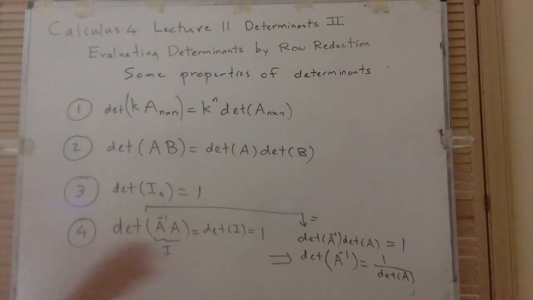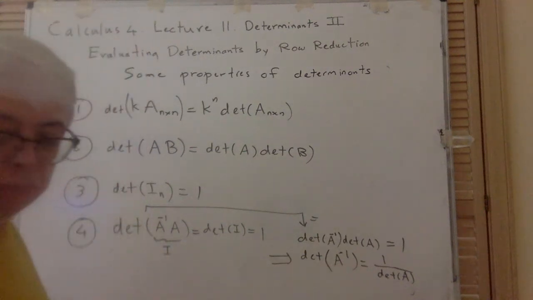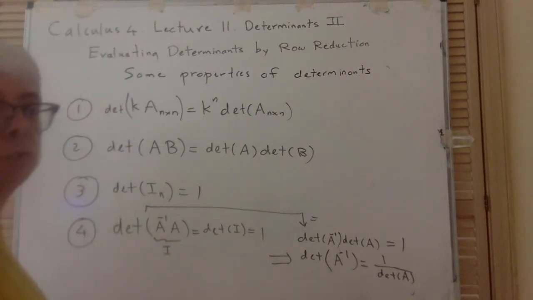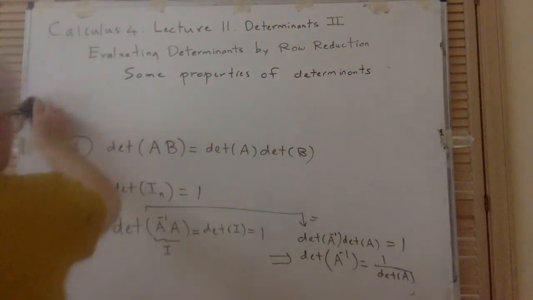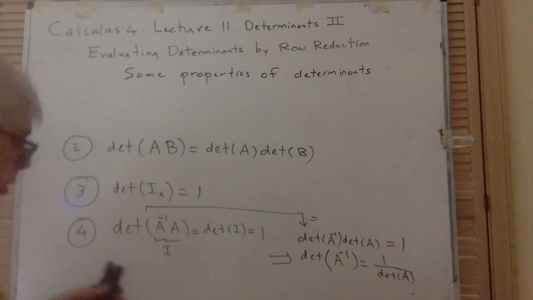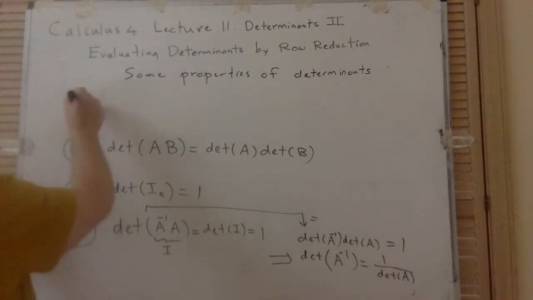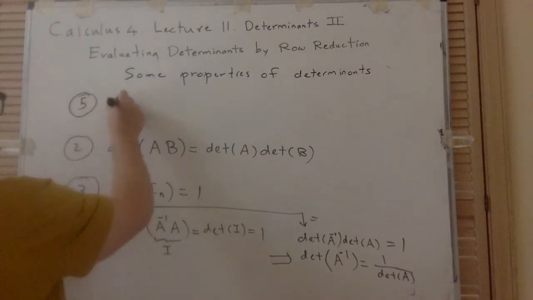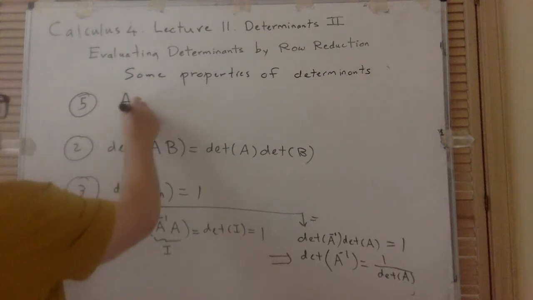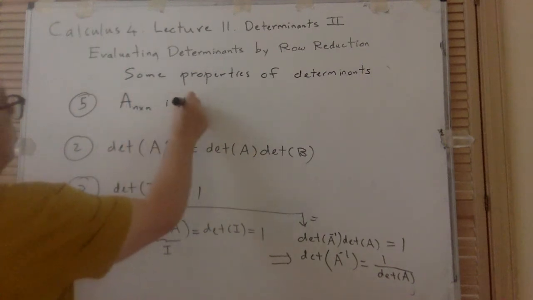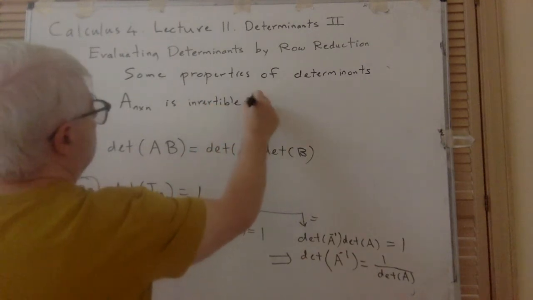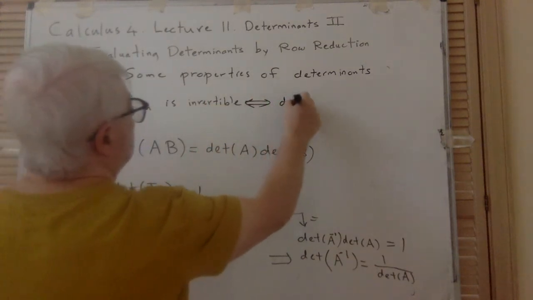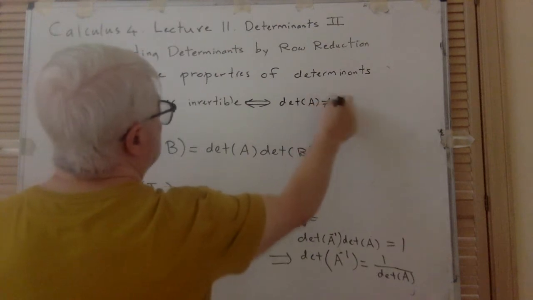And the discussion I gave you here also gives me this fact. So let's write it as fact number 5. Fact number 5 is: A, n by n, is invertible if and only if the determinant of A is not 0.